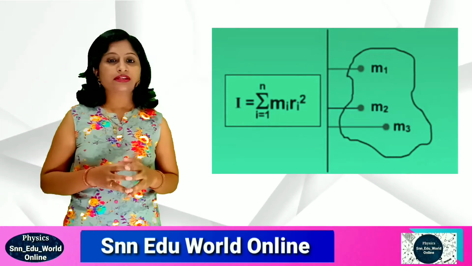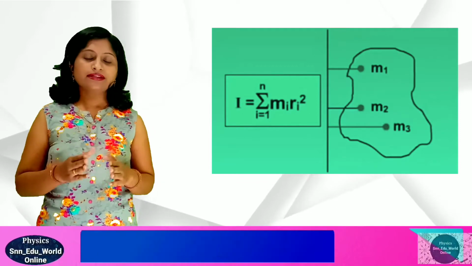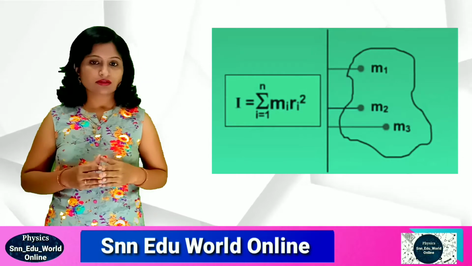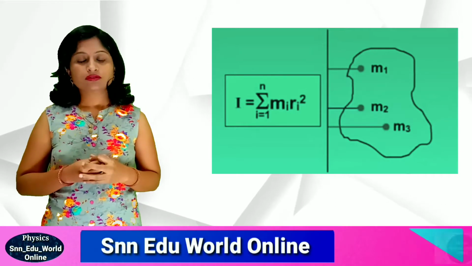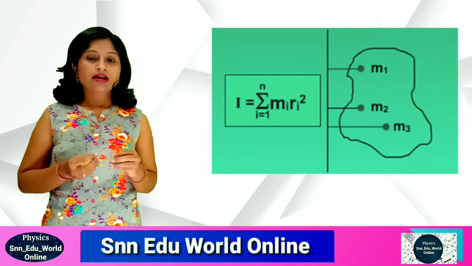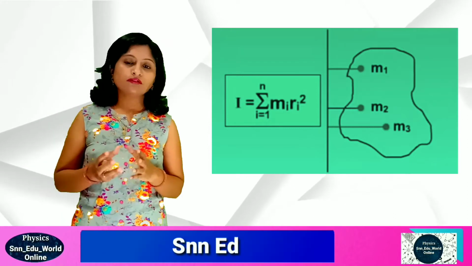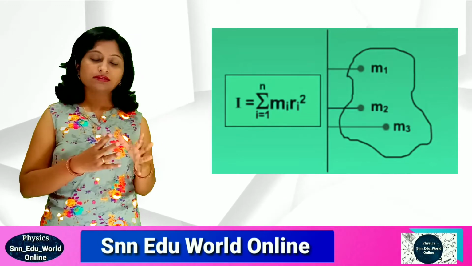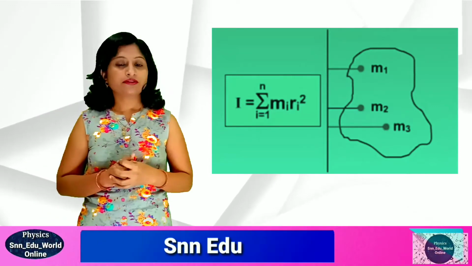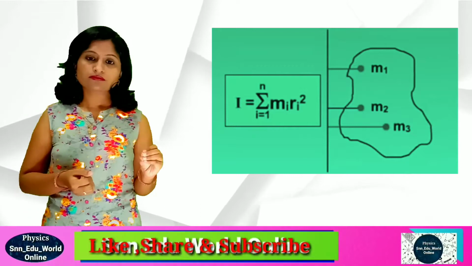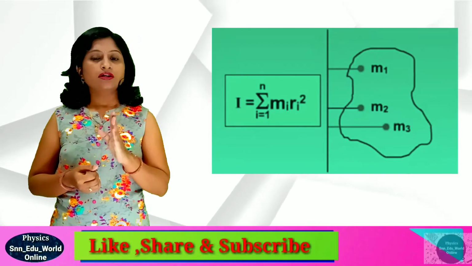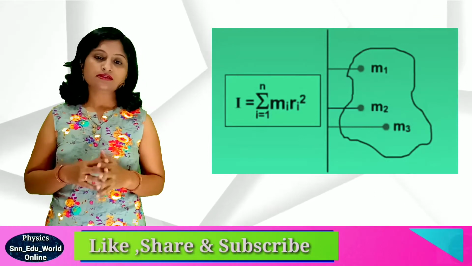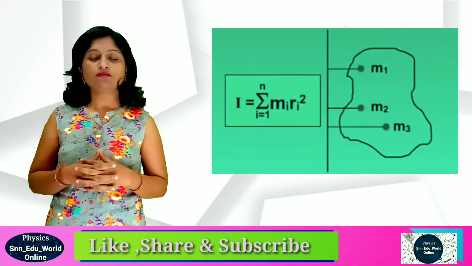So moment of inertia can be defined as the sum of the product of the mass of each particle and the square of the distance of each particle from the axis of rotation. So from the formula we can remember this definition.